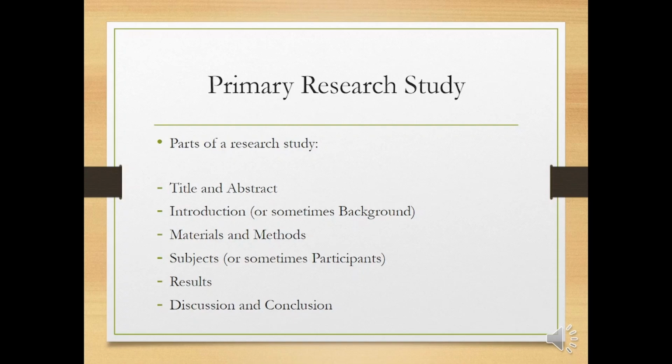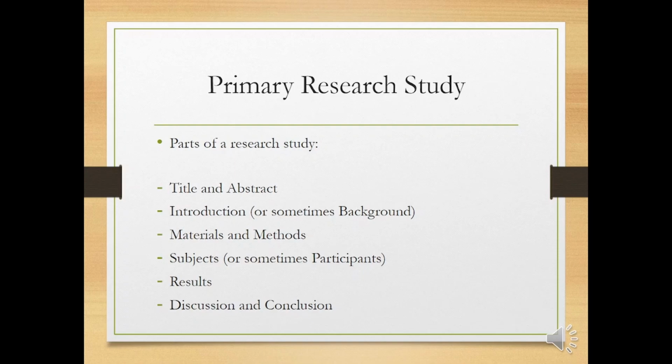So now that we are aware of the various levels of academic writing, the next step for identifying and writing about research is to understand how primary research articles are structured. These are the typical sections or elements of a research study. Note that this is not cookie cutter. You may see some variation on this, and we'll discuss that later in this lesson.